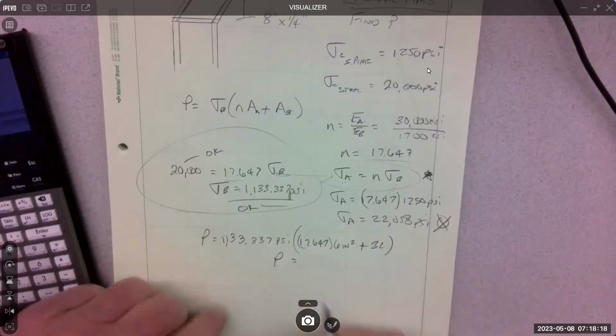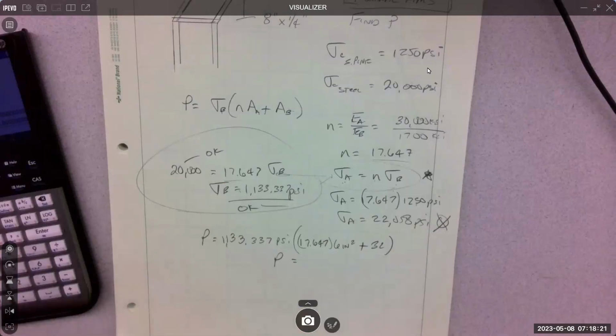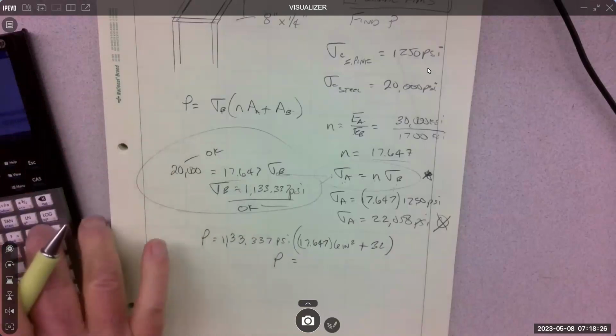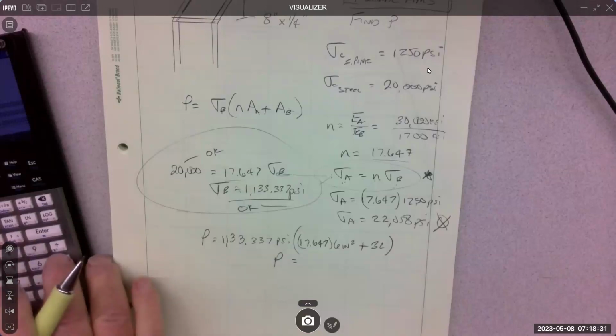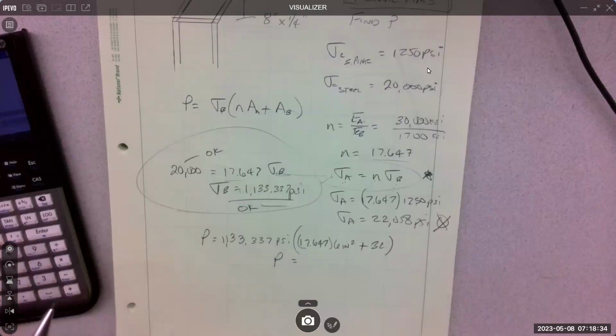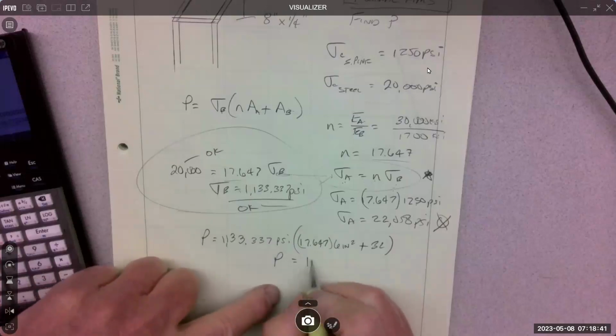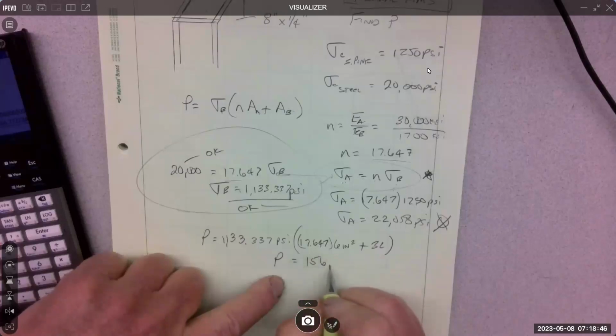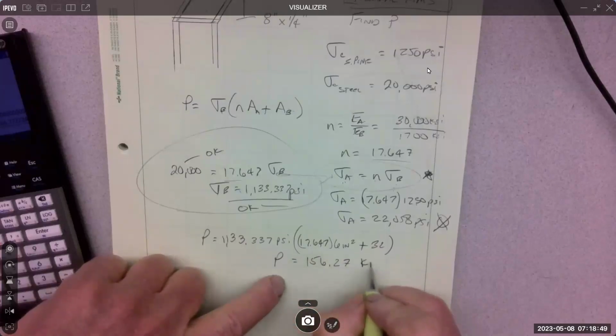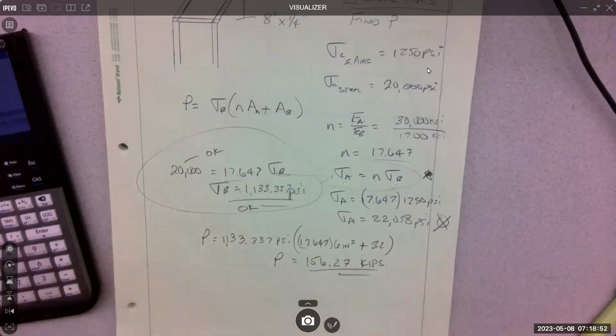So the load on this is going to be 156.27 kips.